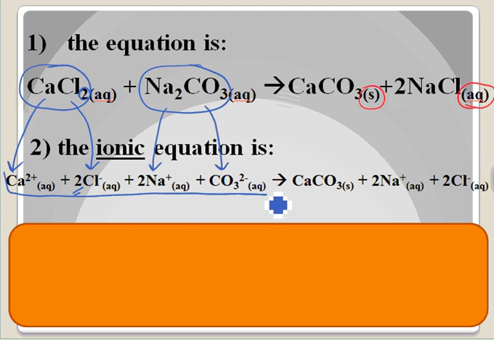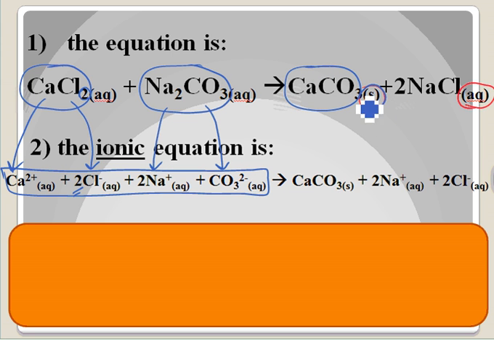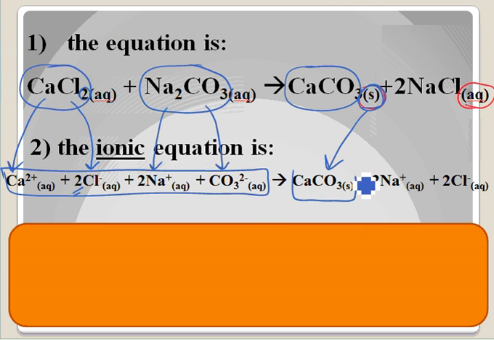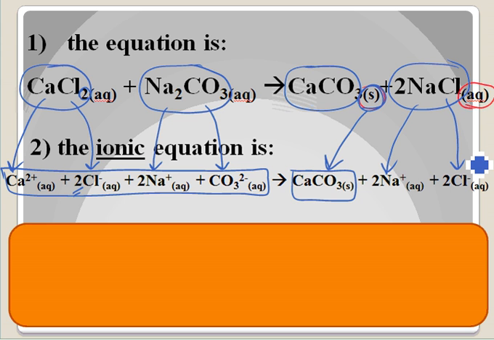These are the ions for the reactants in the equation. Now we have to look at the products. We look at CaCO3. This is a solid. This does not break apart into its ions, so it stays as a solid. However, sodium chloride is aqueous. We have 2 sodium ions, and we have 2 chloride ions.